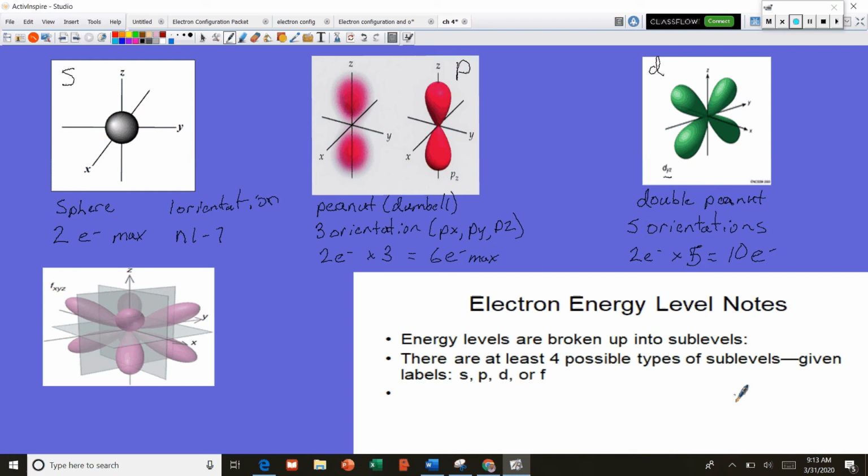Now, the last orbital is called F. All right. Again, the shape that we kind of call it, it looks a little bit like a flower. There are 7 orientations for it.